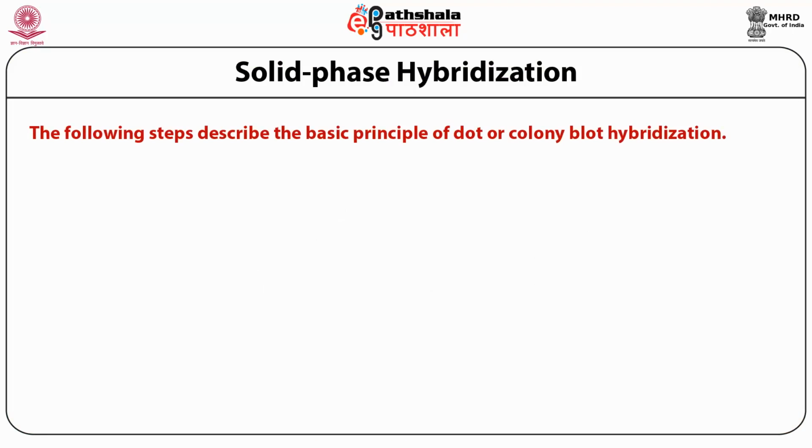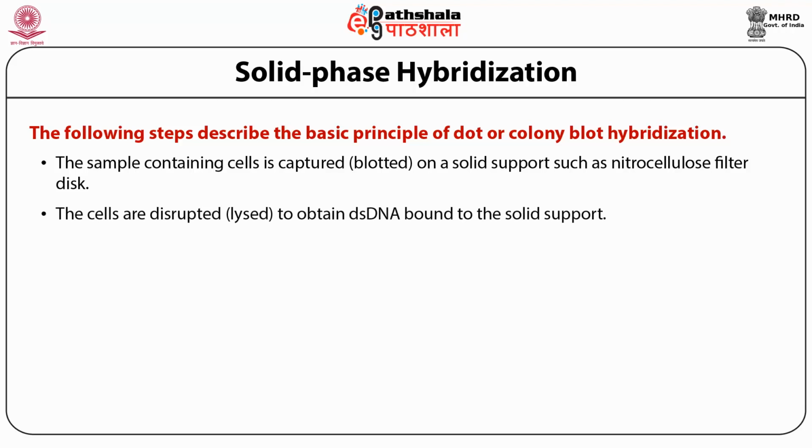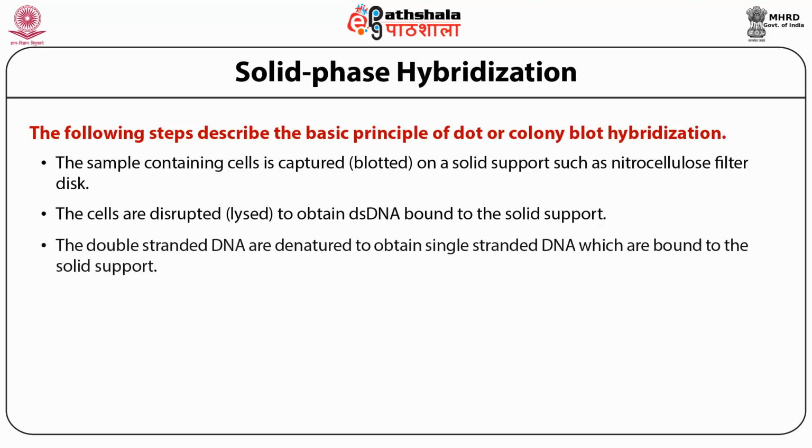The following steps describe the basic principles of dot or colony hybridization. The sample containing cells is captured or blotted on a solid support such as a nitrocellulose filter disc. These cells are then disrupted to obtain double-stranded DNA bound to the solid support. The double-stranded DNA is denatured to obtain single-stranded DNA which will bind to the solid support.